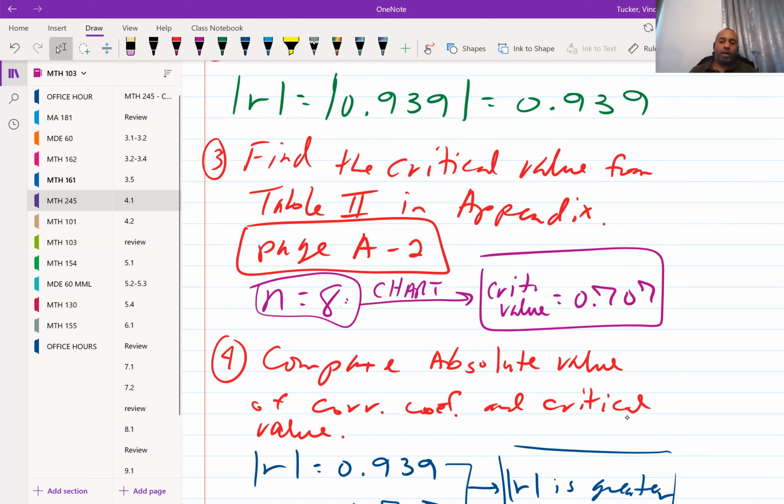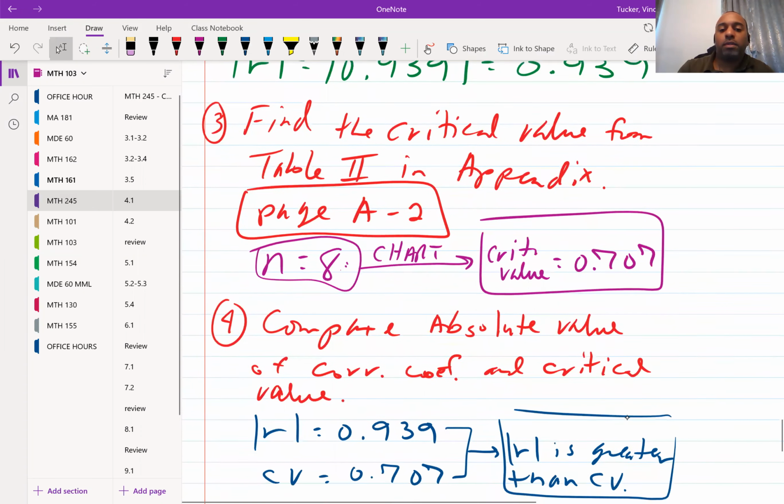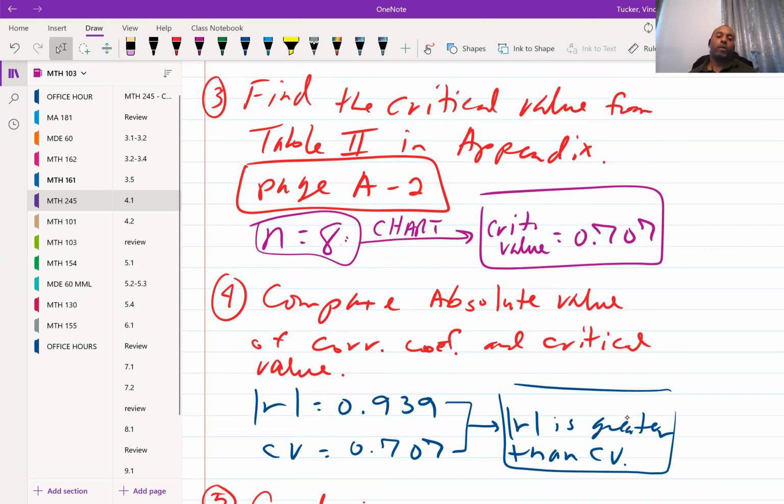Now, step 4, we're going to compare the absolute value of the correlation coefficient and the critical value. So the absolute value of r, the correlation coefficient, is 0.939. The critical value is 0.707. Comparing the two, we see that the absolute value of r is greater than the critical value that we just pulled from the chart.